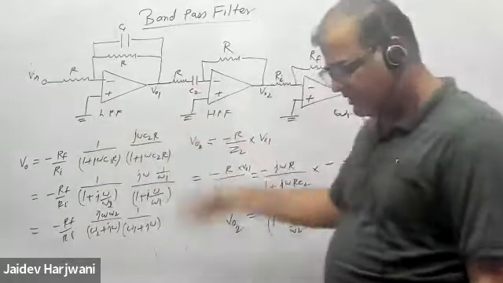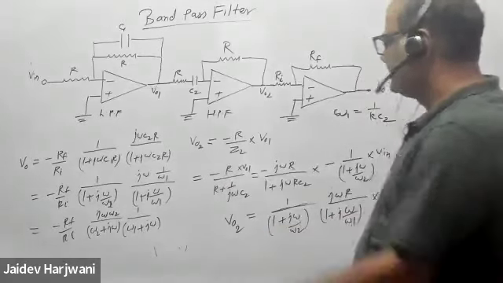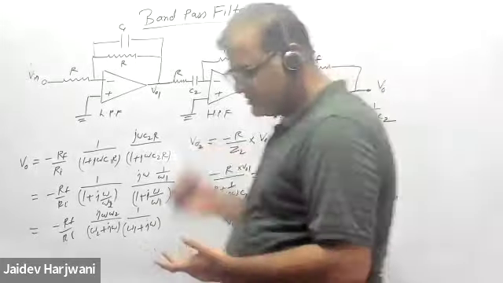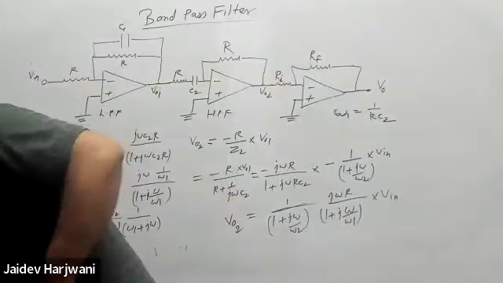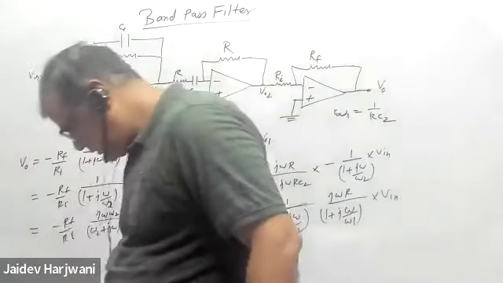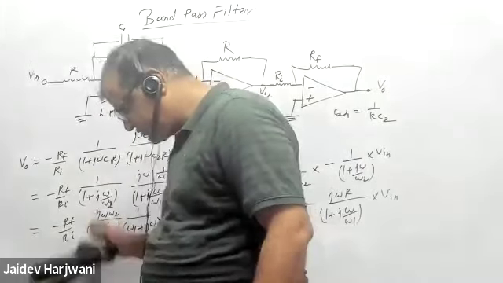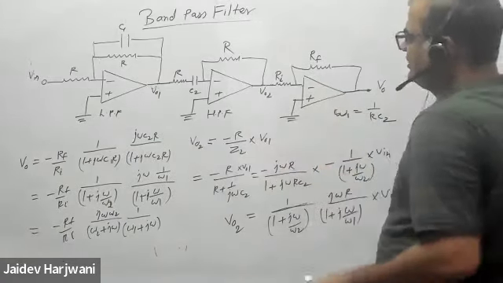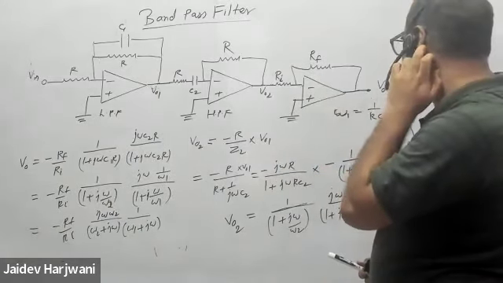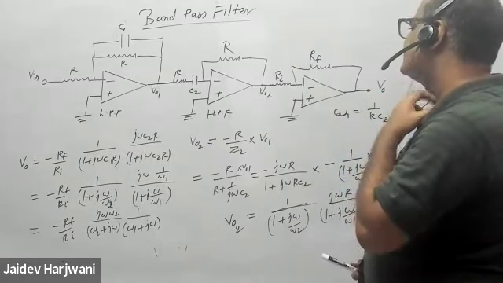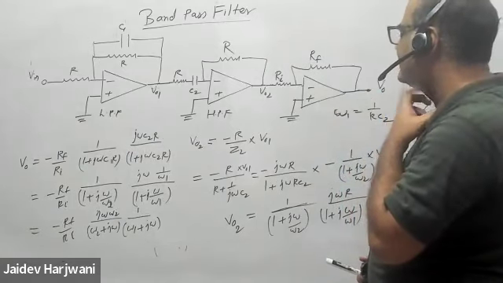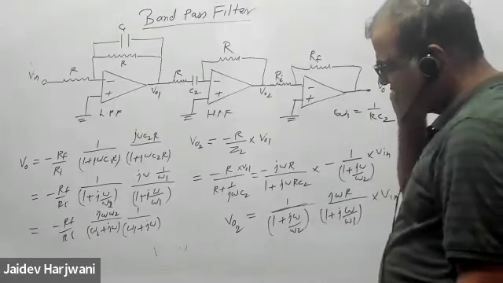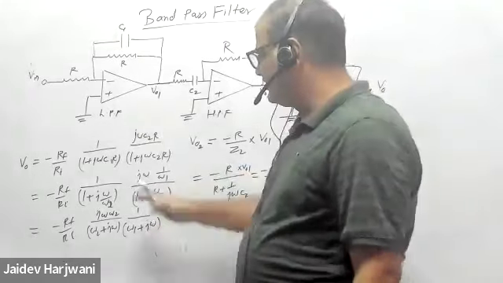Actually, it's not required. You should really understand how to make the filter. You should know what the cutoff frequency is. The cutoff frequency formula you should already know, so no need to write in this form also. So it is your band pass filter, and I will go to the next one. Tell me if any student has a doubt, we can discuss one more time. Actually, we don't need to write these things; we only have to write the output.